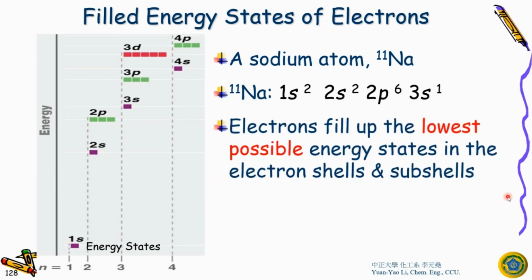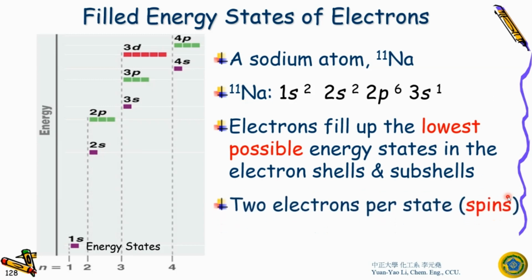The electrons fill up the lowest possible energy states in the electron shells and subshells, with 2 electrons per state, which we call spin. So let's fill this first. If this is a spin up electron, then spin down. This is the Pauli exclusion principle, the first rule.